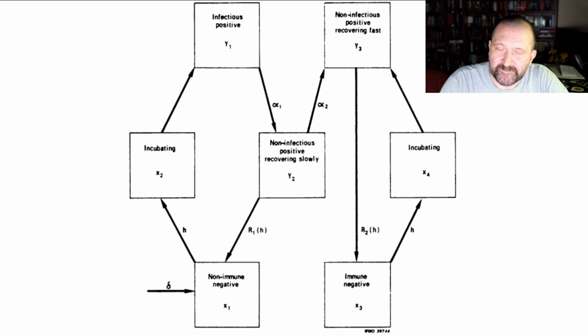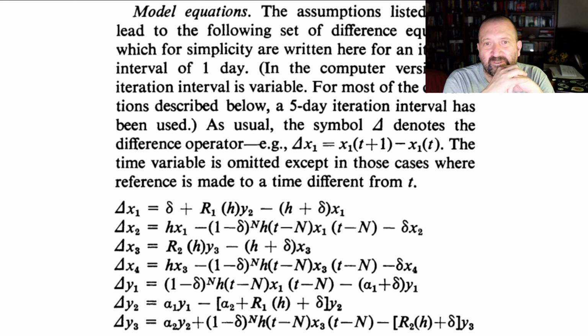So this is a relatively simple model. The interesting thing here, I will point out, is that this is a difference equation model, not a differential equation model. So this system is discrete in time. They use a 5-day iteration interval for simulations, or otherwise think about 1 day.